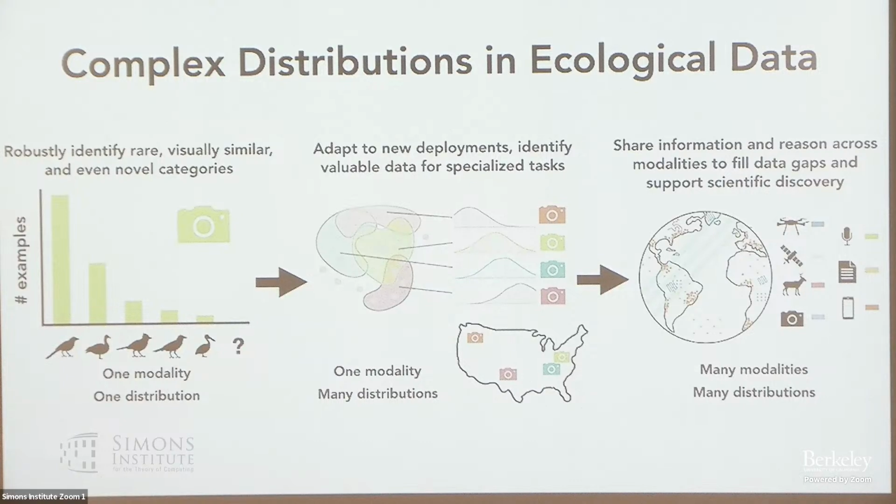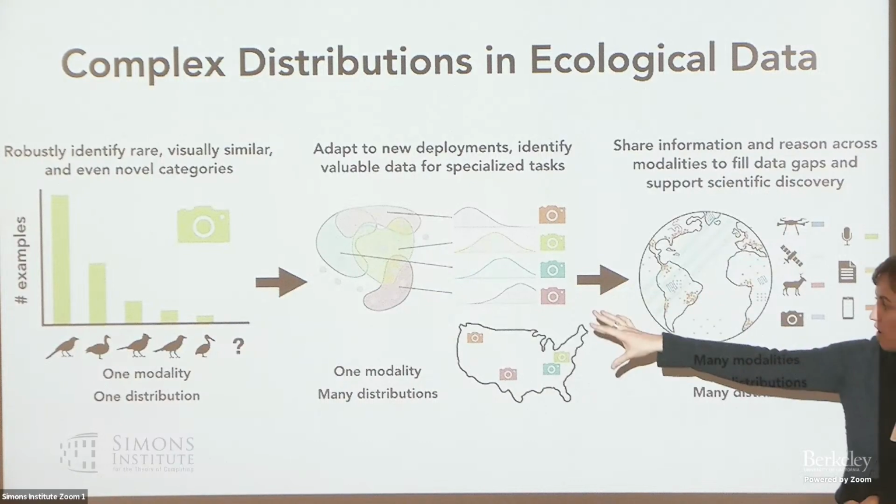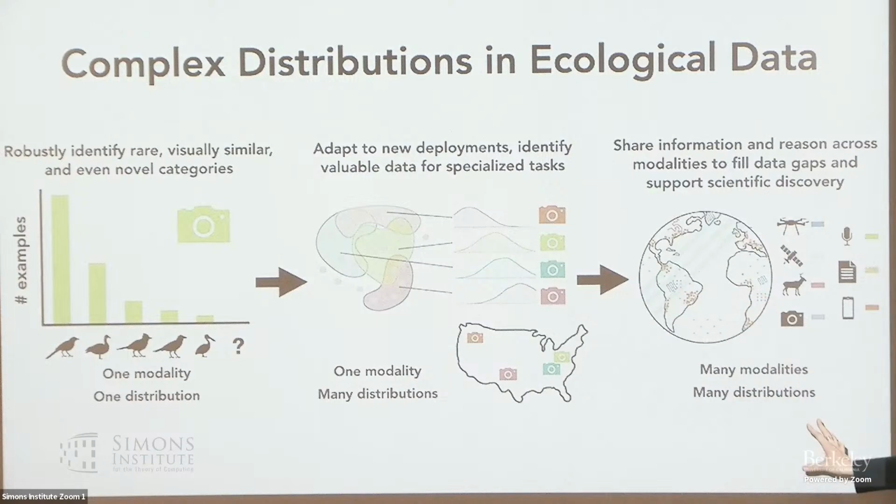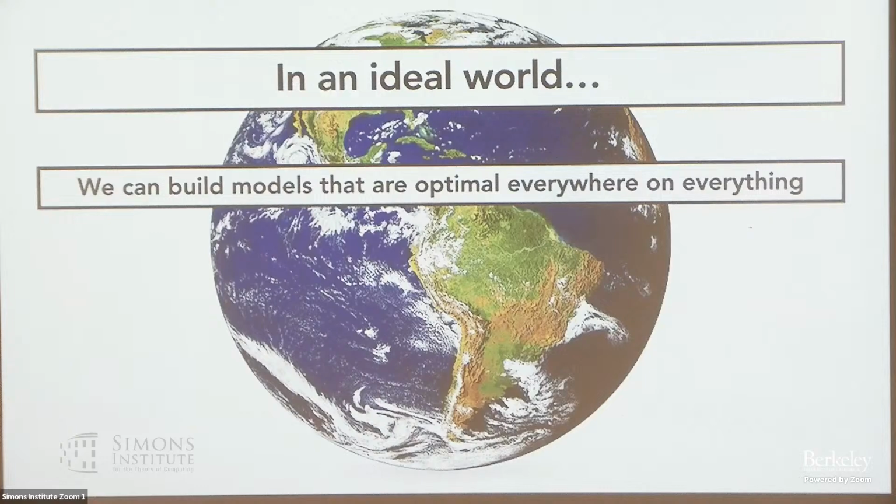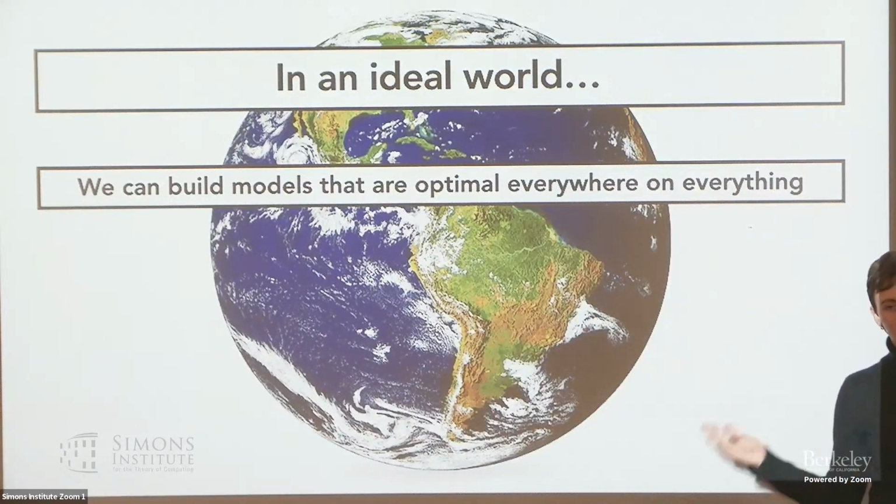And so, as you can imagine, as we move from the simpler scenarios to these more and more complex scenarios, often we start to see a lot of things that in theory should work, don't. Things start to fail. The complexity of the systems is just pretty insurmountable. So in an ideal world, we could build models that are optimal everywhere on everything.